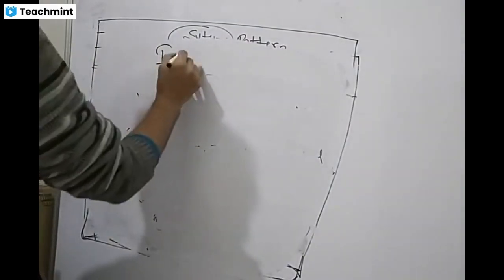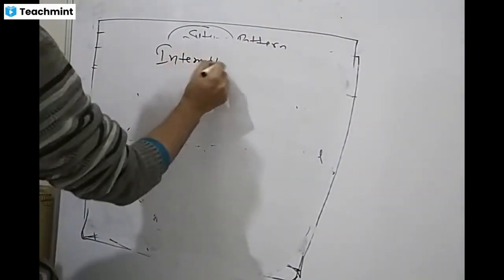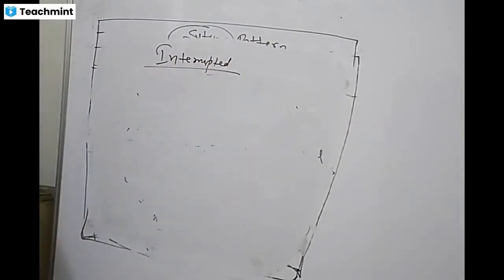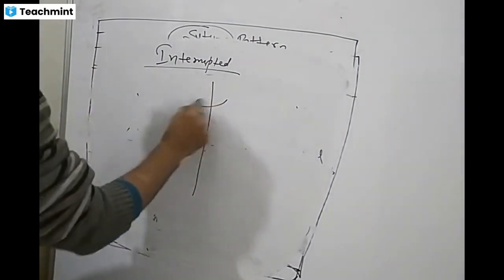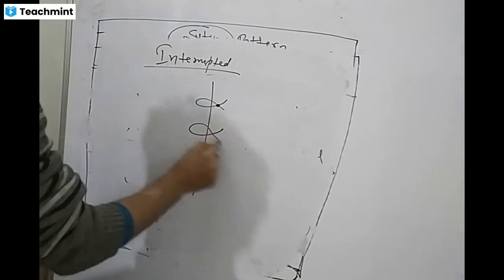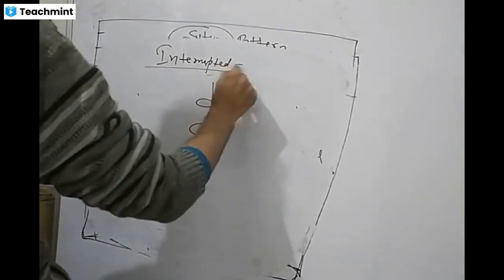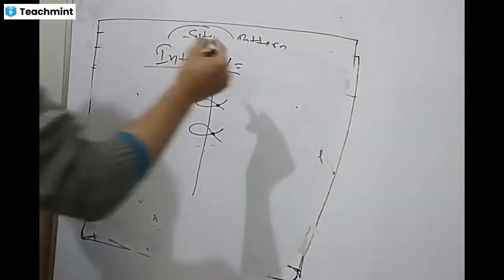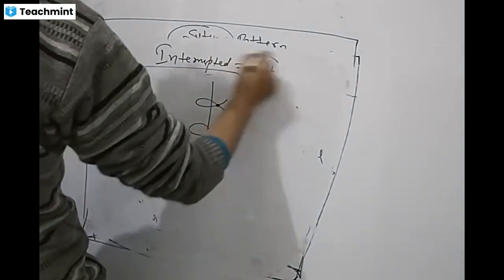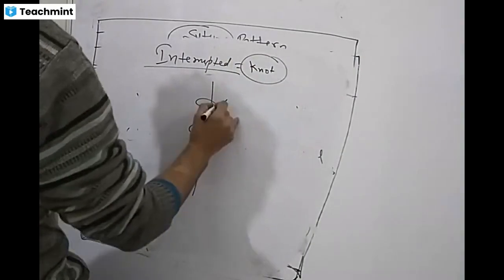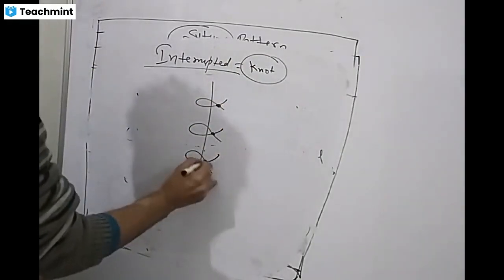First we'll start with the interrupted suture pattern. Interrupted means it is having a knot. That is the full stop or interruption.